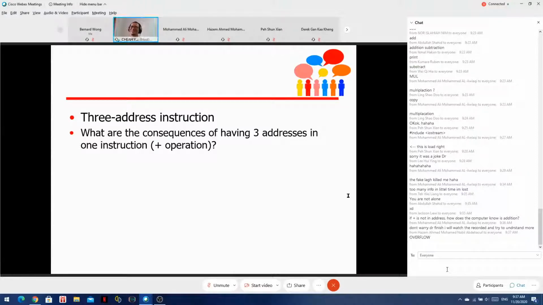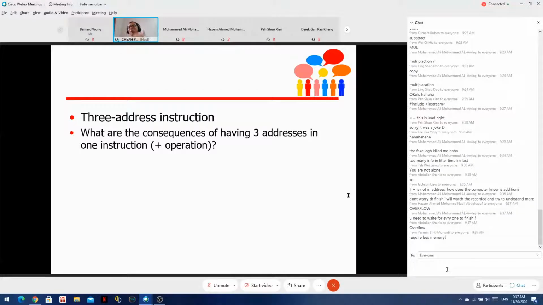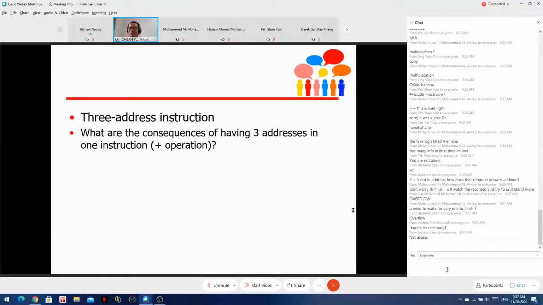Overflow? But of course, this is not an arithmetic operation, so technically there is no overflow in that sense. Requires less memory. Okay, Yasmin, you have that concept, but you have to word it differently a little bit. In fact, I think I've already said the answer just now.